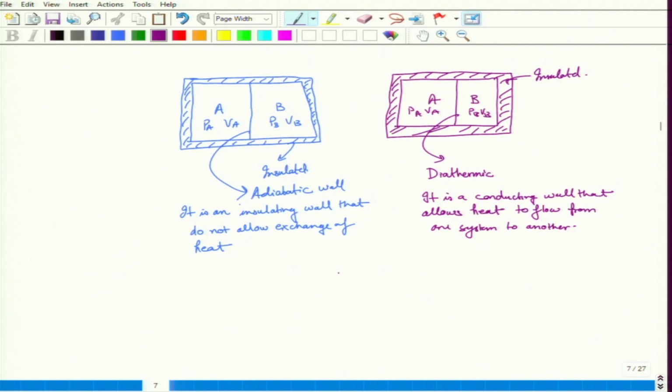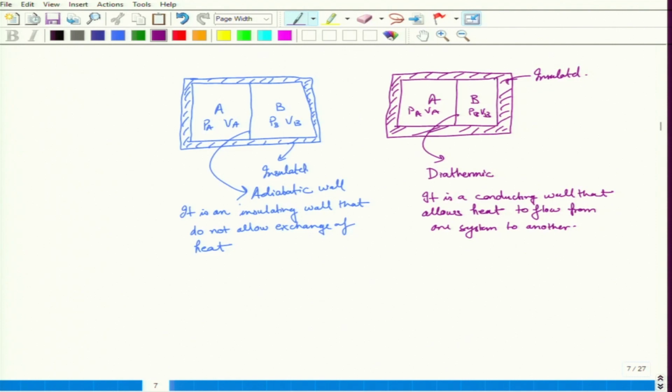Now if you see, heat is not allowed to exchange between A and B when there is an adiabatic wall, which means A and B are already in equilibrium with each other, so they are not exchanging anything.